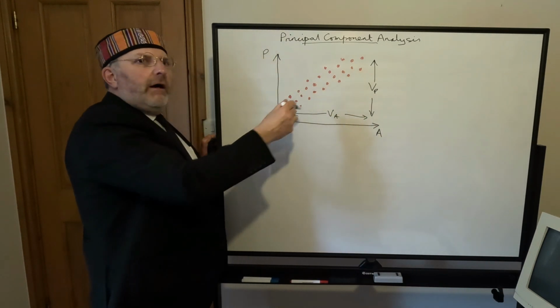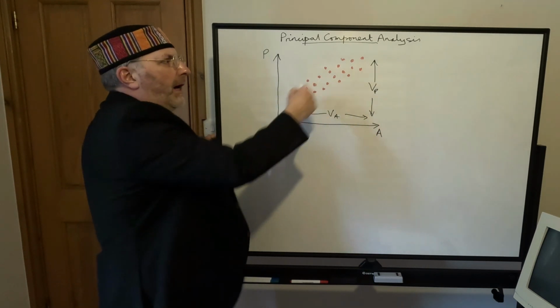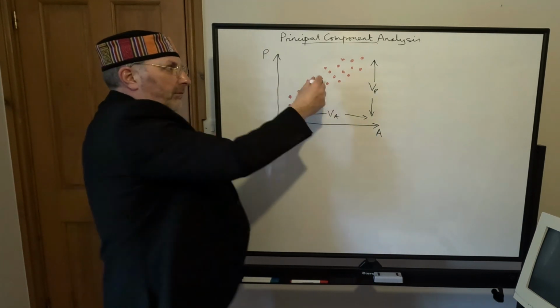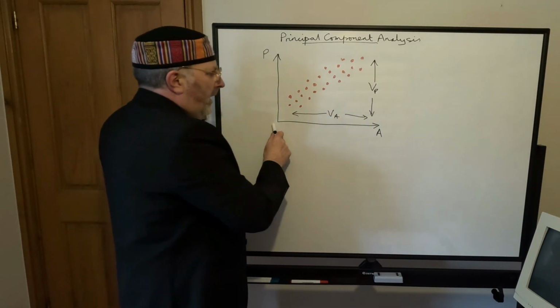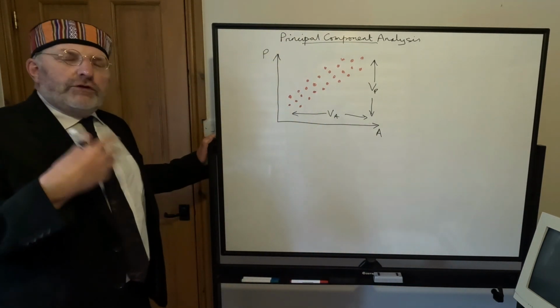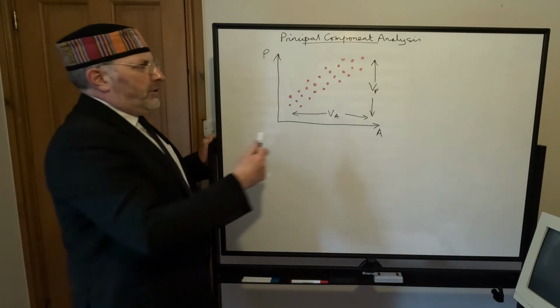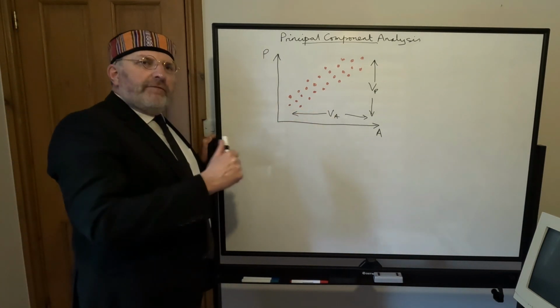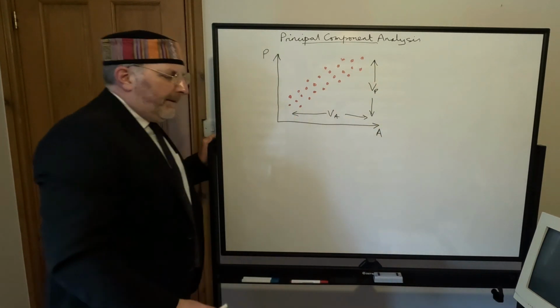They are where they are. We could draw our axes any way we like to describe the position of them, to give them some coordinates. We've put them in terms of population and area because those are the intuitive variables that we understand. But we could choose some other variables that perhaps describe them in a different way.